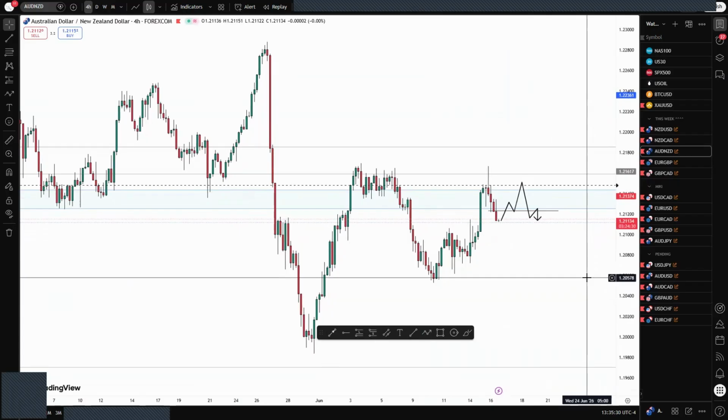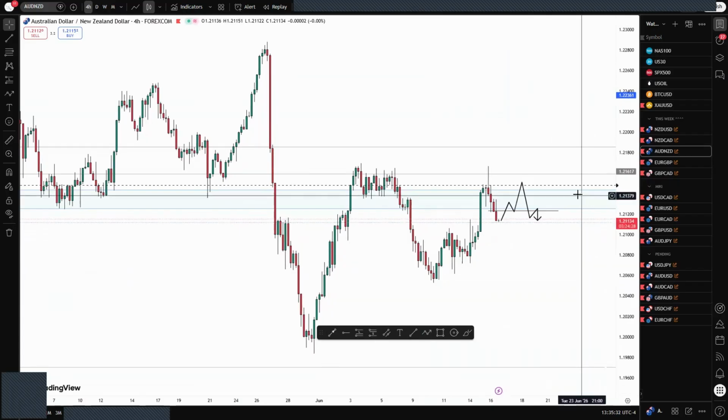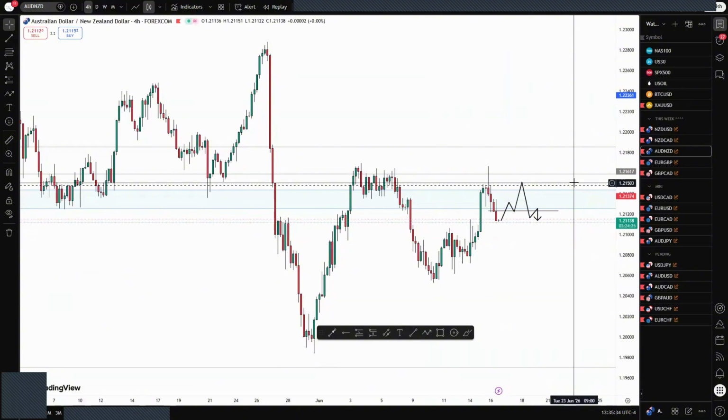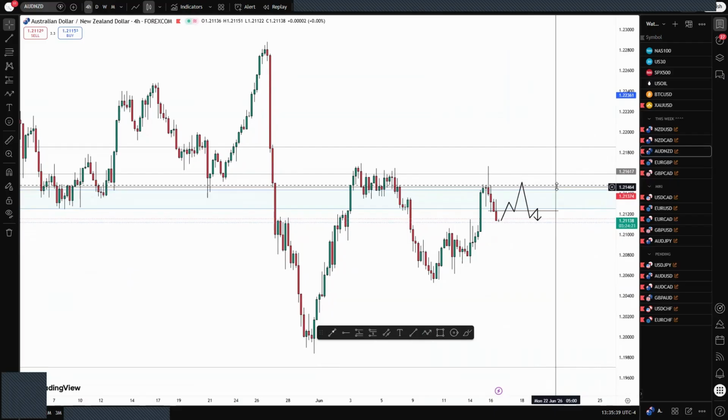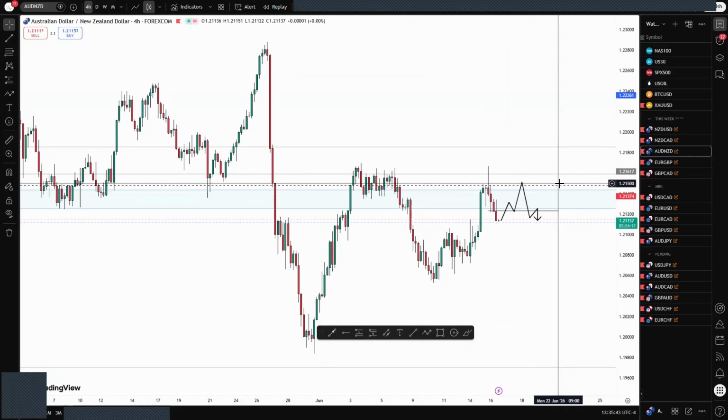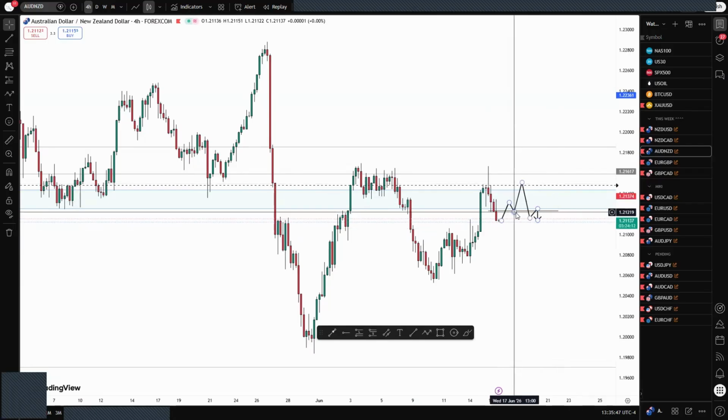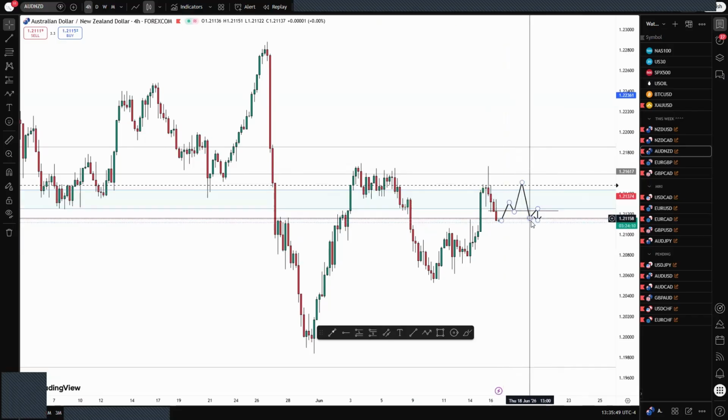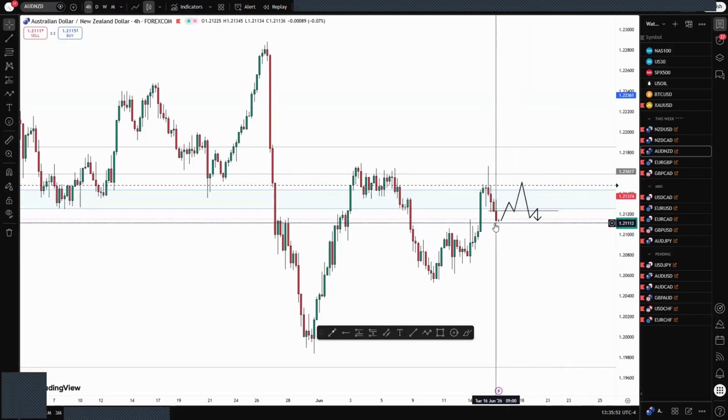So the only thing we should know is we want the daily to make a high and the 4 hour to make a high, and the high low at our OG level here. And I'm sure this will happen.